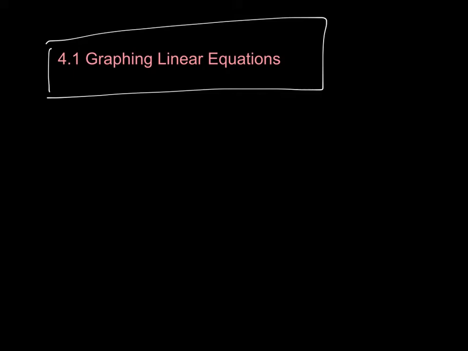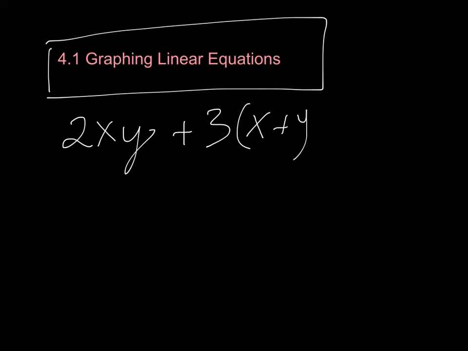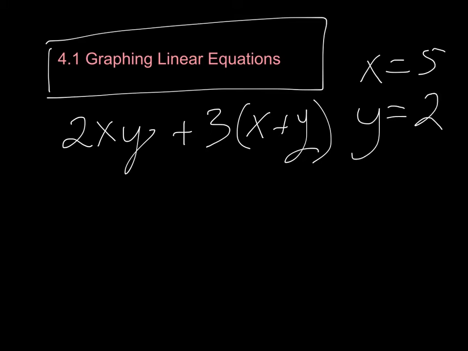If we are going to evaluate an expression such as 2xy plus 3 times (x plus y), when x equals 5 and y equals, we'll say 2. If it just told us to evaluate this, think, right in the middle here is value, well, almost.